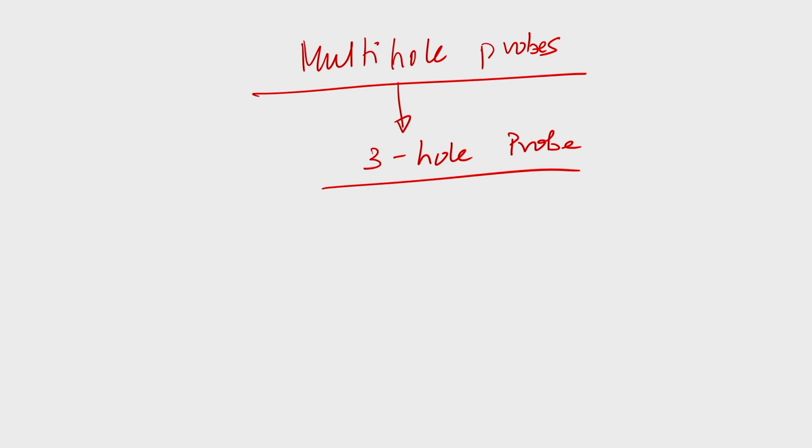The new design concept of the 4-hole probe came, and we will see that if we use a 4-hole probe, in fact 5-hole probes are also there, we can eliminate the problem of the 3-hole probe by suitably designing the 4-hole probe. So, in 4-hole probes we have an extra hole.